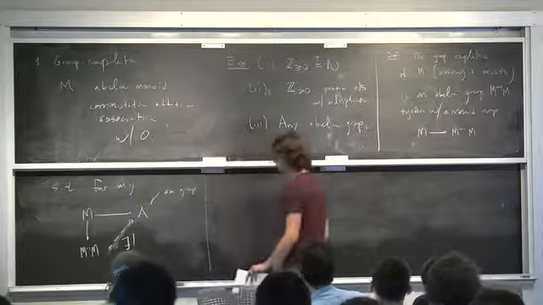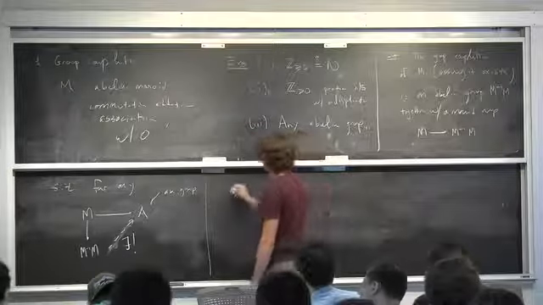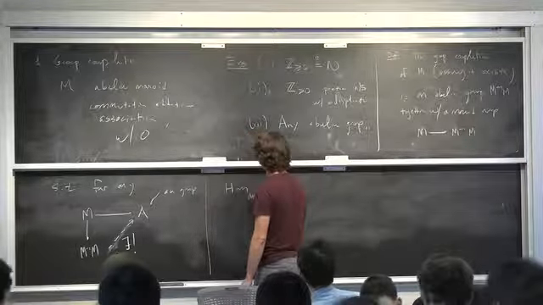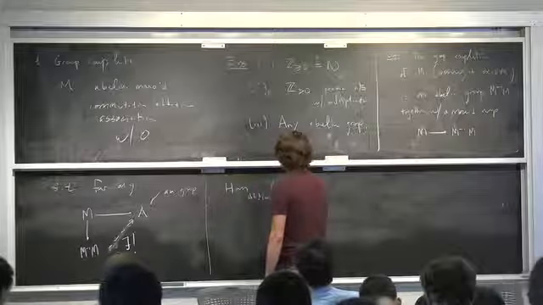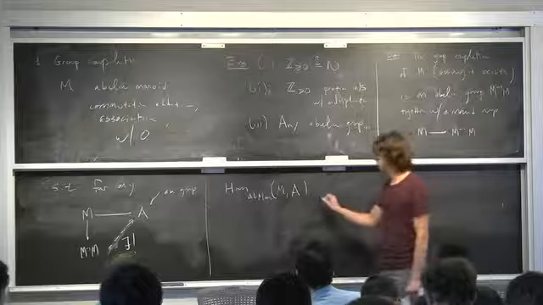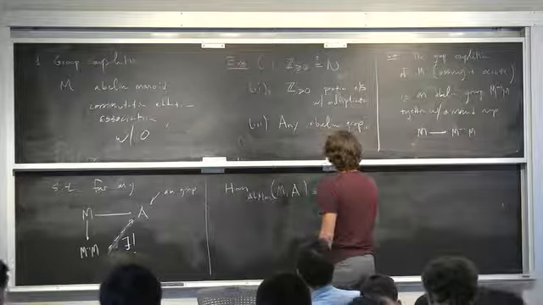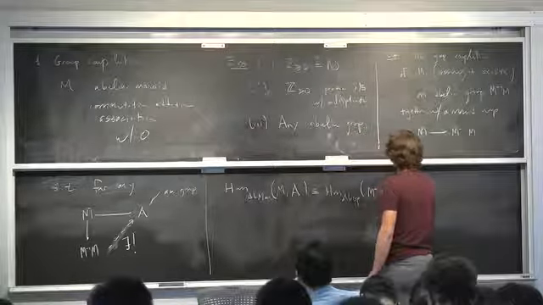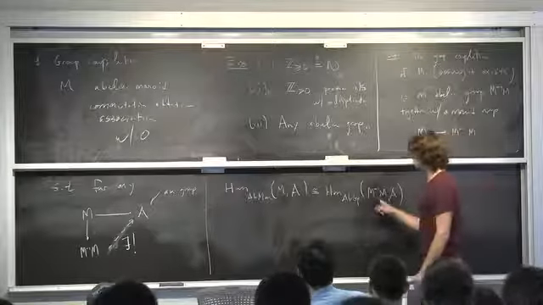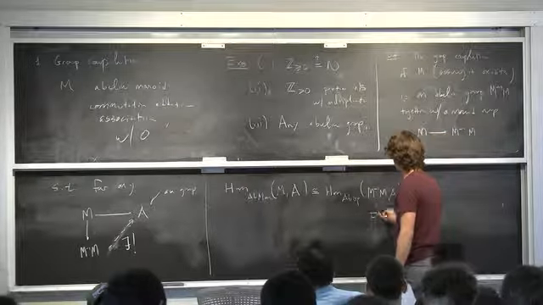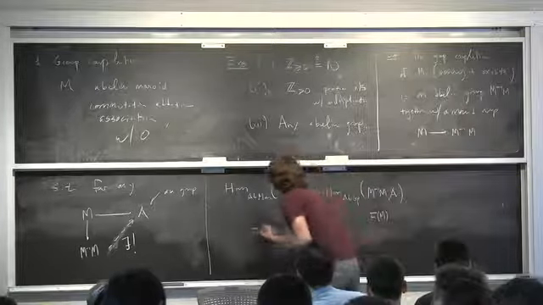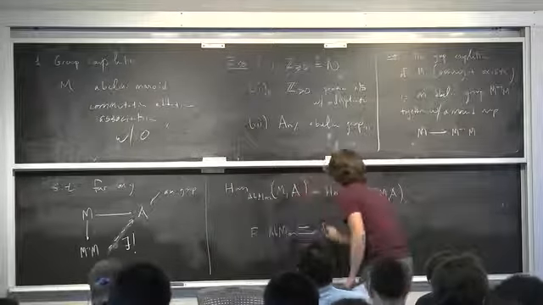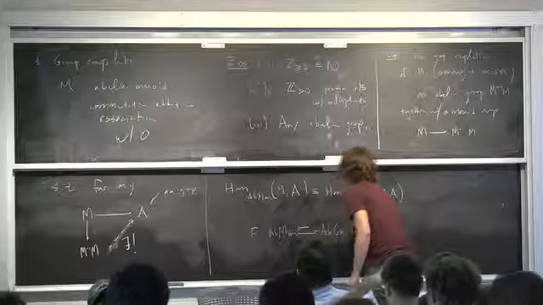So if you think about what this means, this means that Hom in the category of abelian monoids from M to A, where I'm just going to view A as an abelian monoid, is in bijection with Hom in abelian groups from M inverse M to A. Okay, so this looks like the value of F on M, where this is a left adjoint to the forgetful functor.